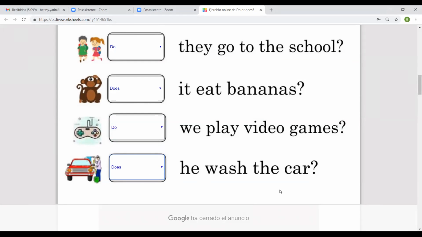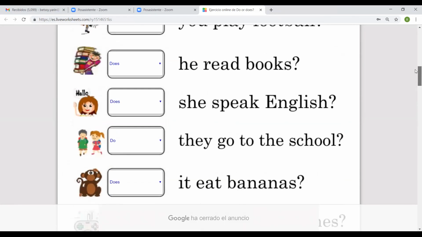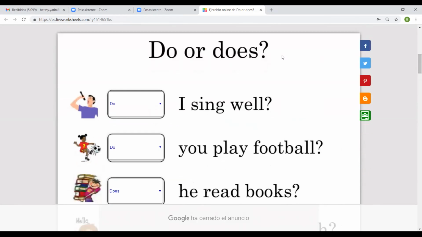Yes, so we use do for pronouns that are not related with the third person, okay? And we use does only for he, she, and it. Yes, okay, very good. So this is the way to answer that, and I'm going to put other exercises, okay? So wait for a second.